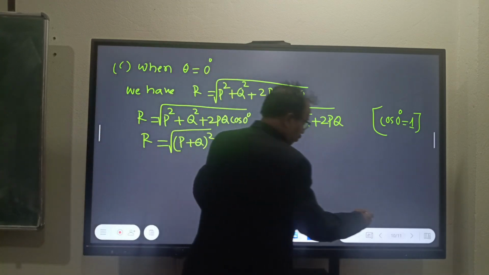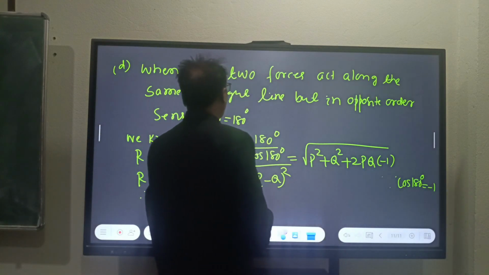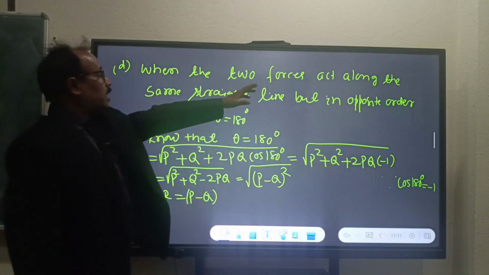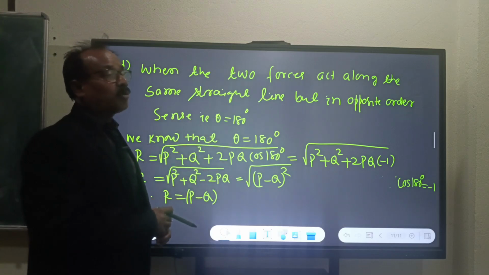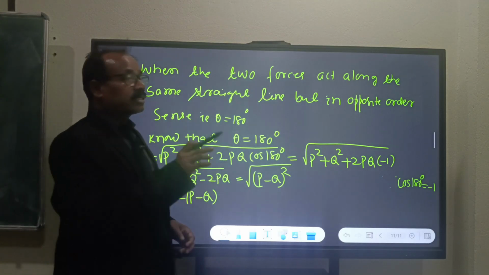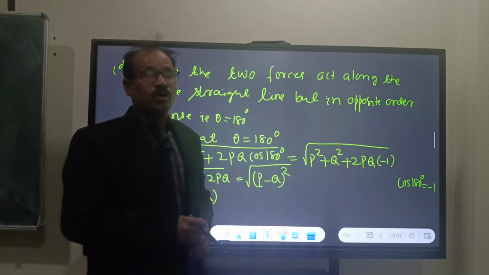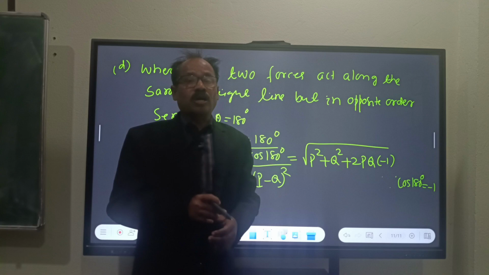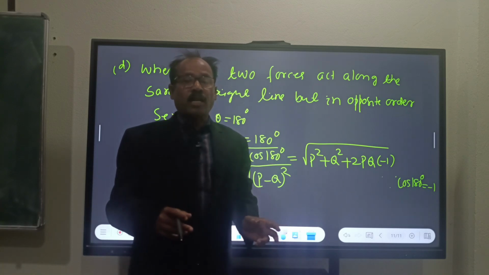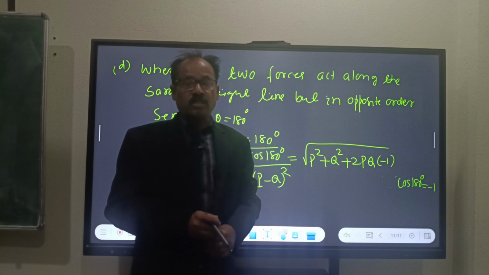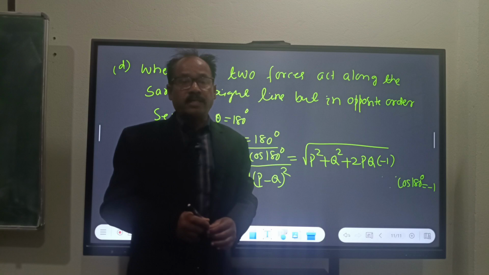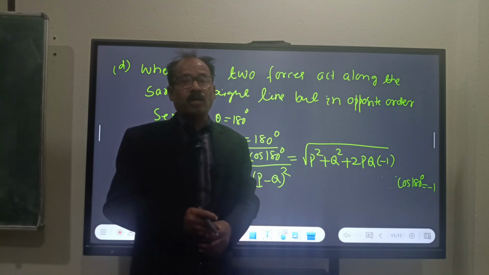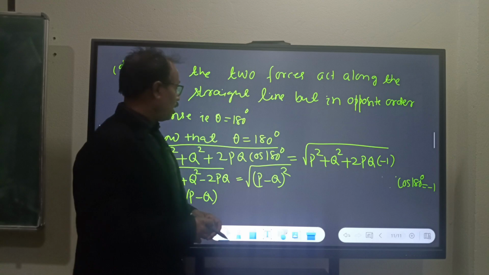Next, fourth condition. When the two forces act along the same straight line but in opposite sense, that means theta is equal to 180 degrees. You know that R is equal to root over P square plus Q square plus 2PQ cos theta. And since theta is equal to 180, cos 180 is equal to minus 1.